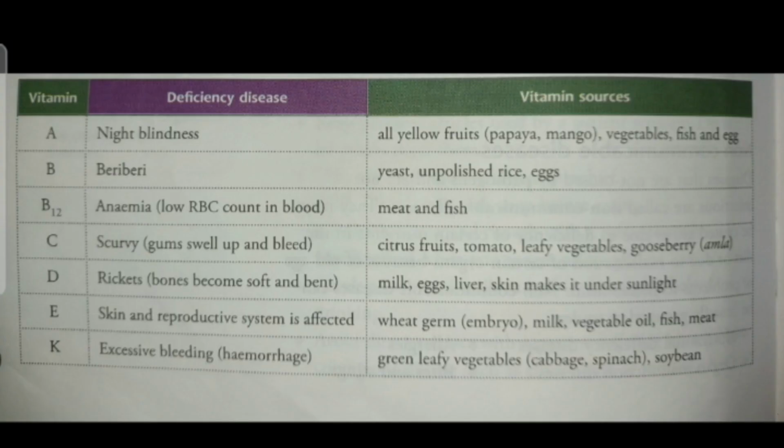So now we are going to learn about the vitamins as well as their sources.